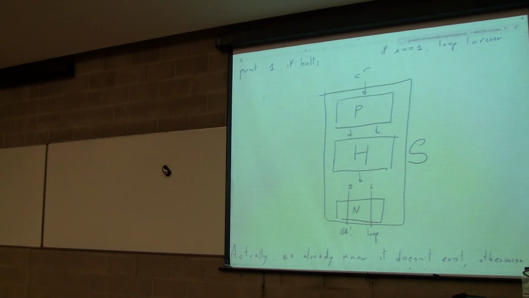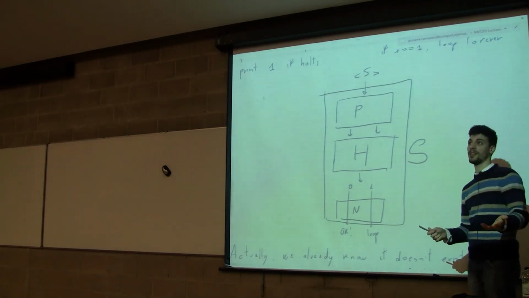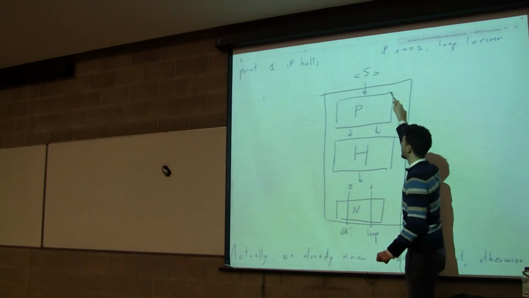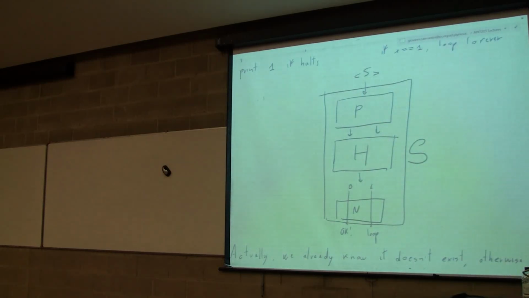So this is the description number. Again, the Barber's paradox. So P photocopies S here and here.